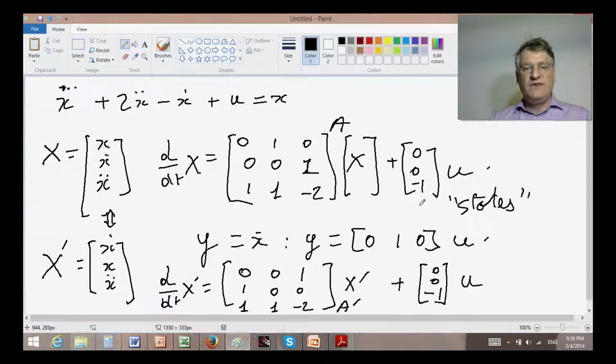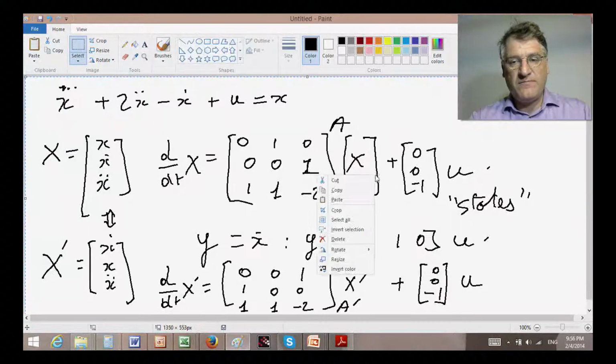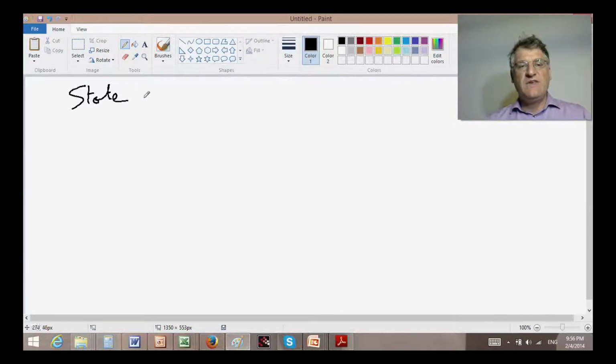All right. Now, a few words about why we call that state space. The state is this very notion that it summarizes where the system is.